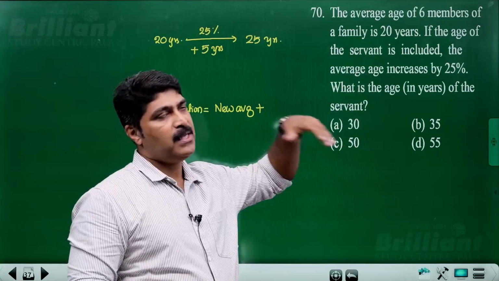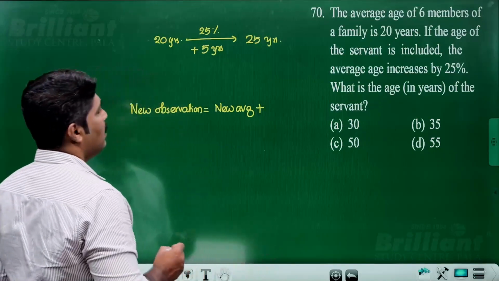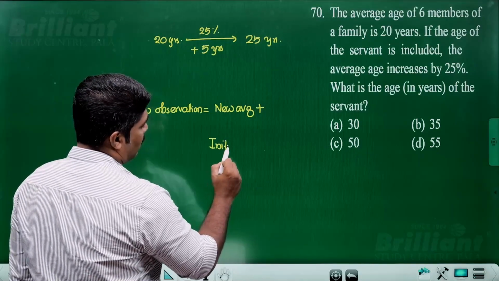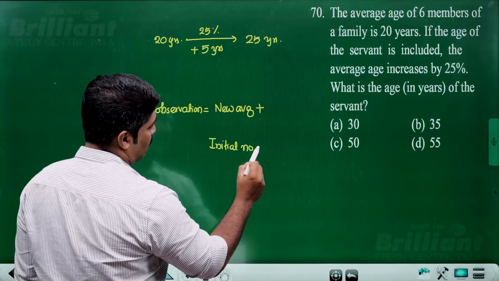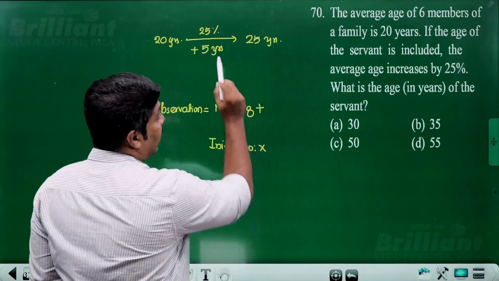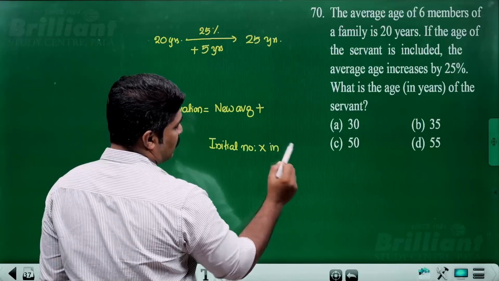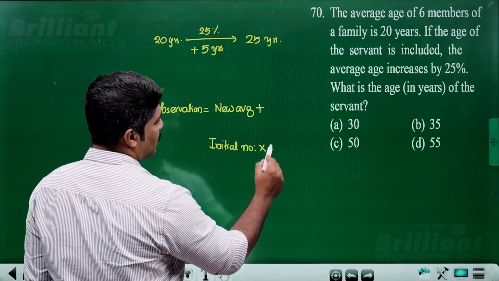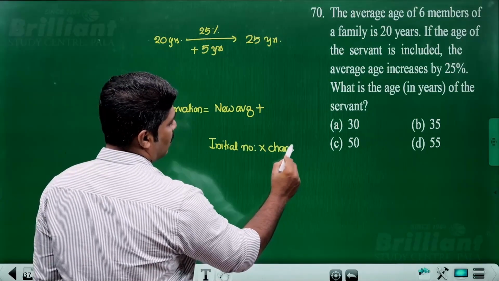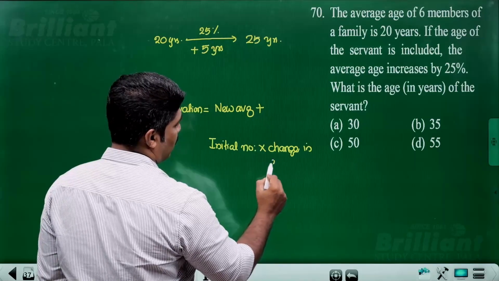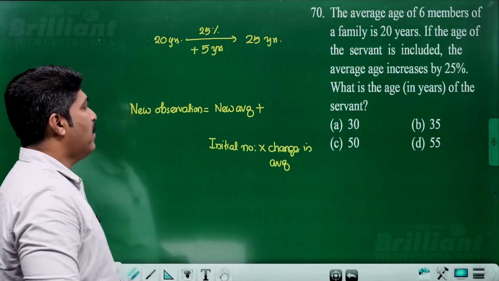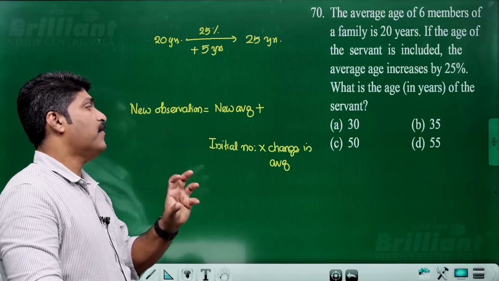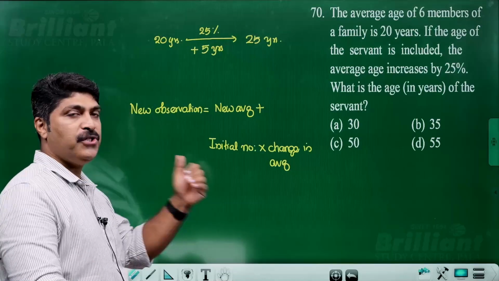Initially there were 6 members and one more new member also joined. So that's a simple trick. We can directly consider this step of operation. New observation is new average plus initial number into change in average.